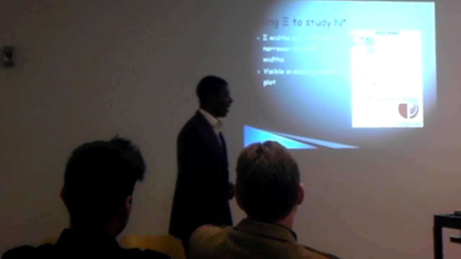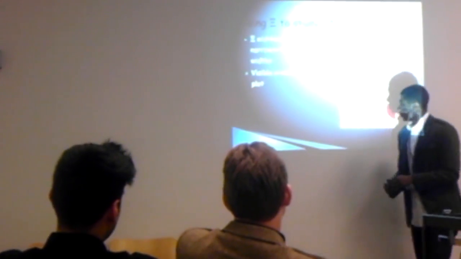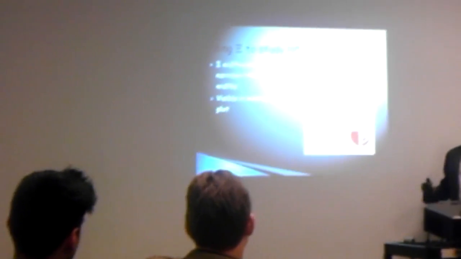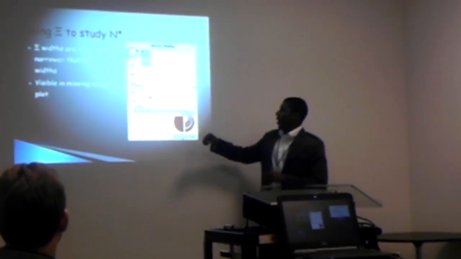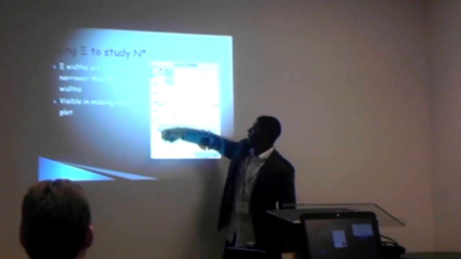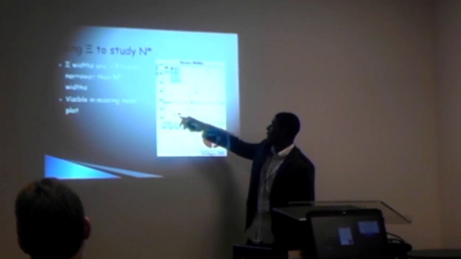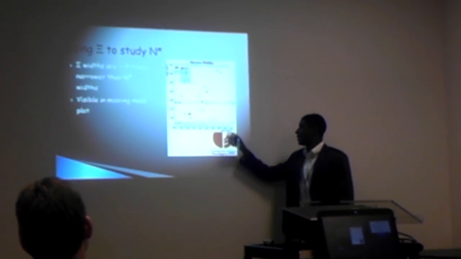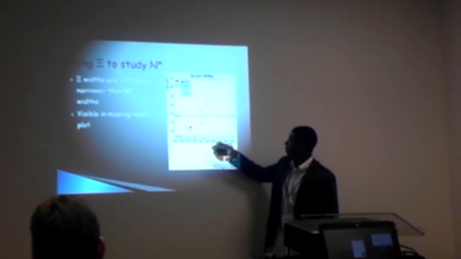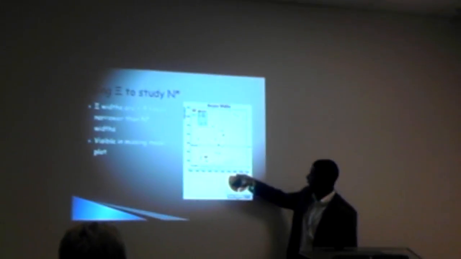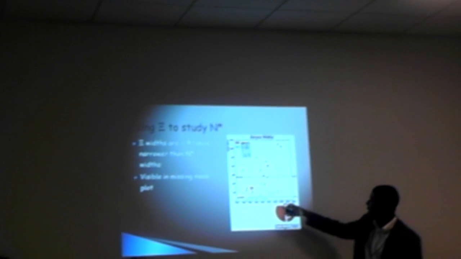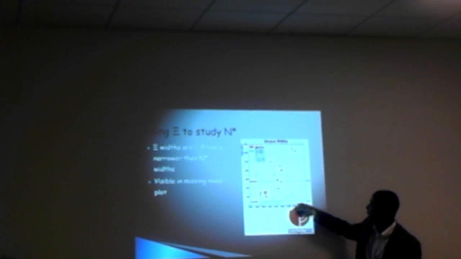So when we look at this graph over here, taking into account the Heisenberg uncertainty principle, the y-axis is the width and the x-axis is the mass. Let's say, for example, we look at approximately 2,500 MeV, 2,600, something like that.